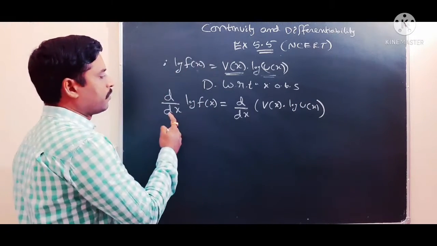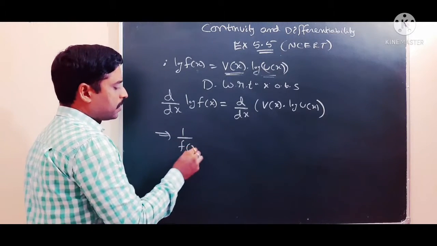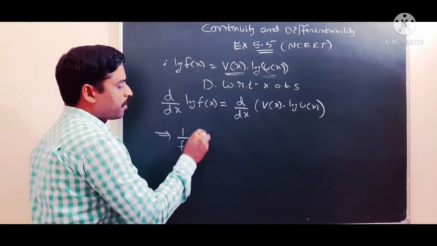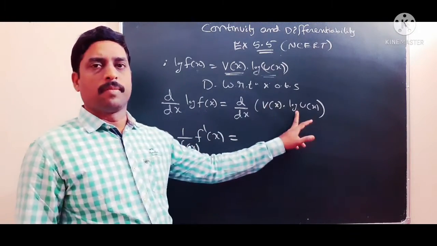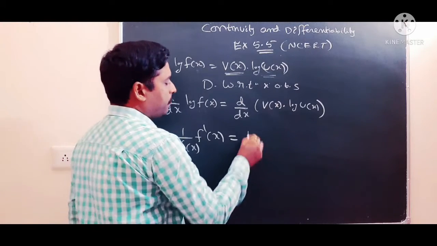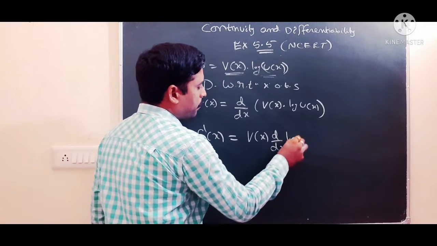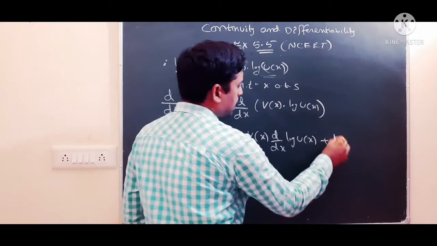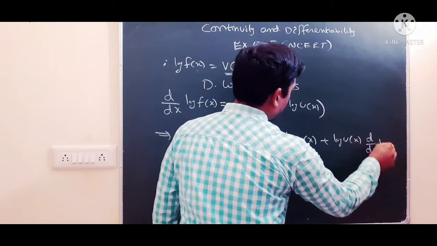Differentiation of log f of x is 1 by f of x into f dash x. By using the uv formula, this will be v of x into differentiation of log of u of x, plus log of u of x into differentiation of v of x.